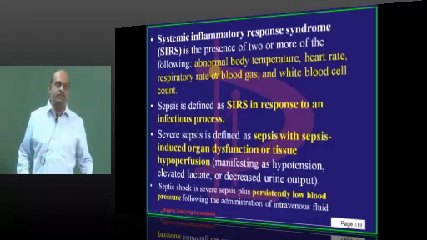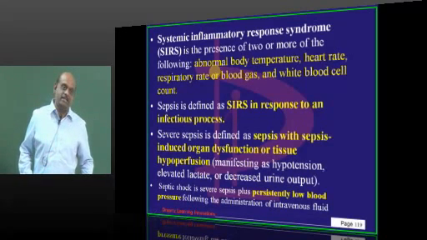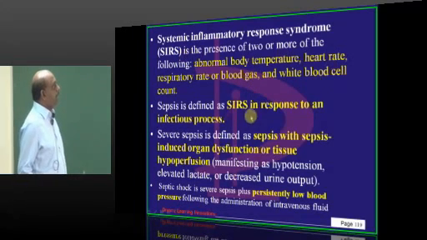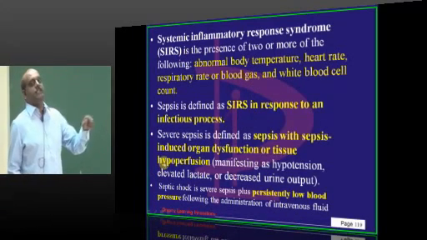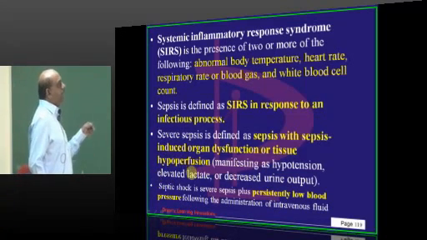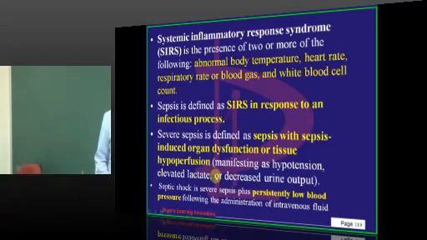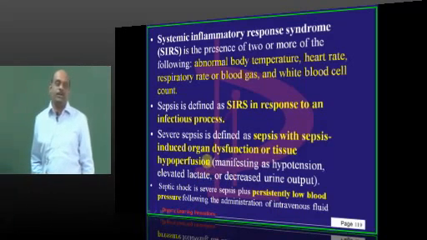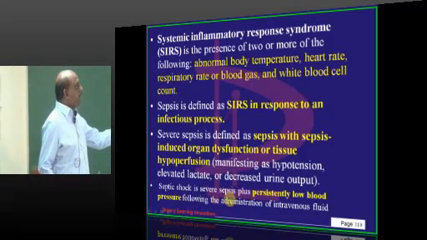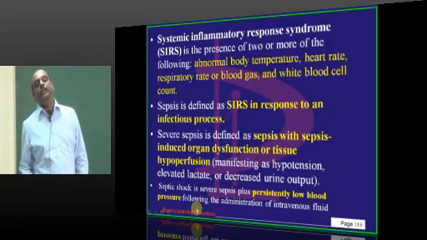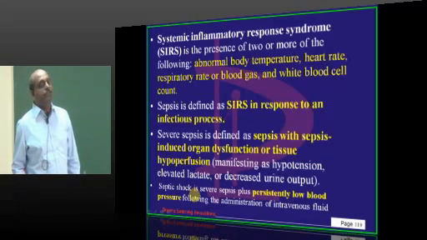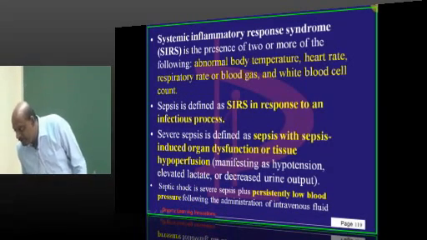For example, if you have severe malaria or pancreatitis, you can have SIRS. If it is due to infection, you call it sepsis. If it is associated with hypotension and organ dysfunction, target organ, then you call it severe sepsis. And septic shock is if there is a persistently low BP. So these definitions are the finest things that you need to be very clear about.